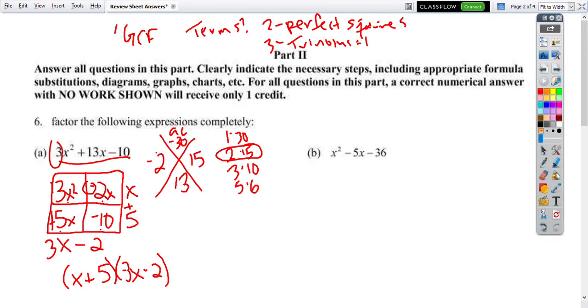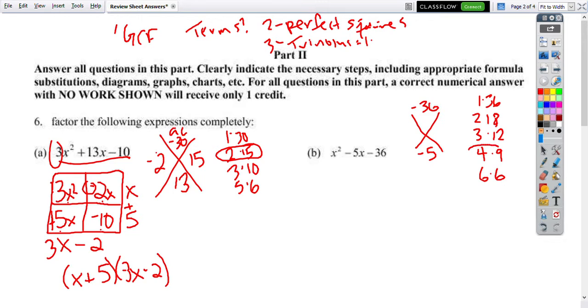All right, second one. So this is no GCF again, but it has 3 terms, so we're using trinomial. So I do my diamond, multiply to give me -36, add or subtract to give me 5. So the factors of 36: 1 and 36, 2 and 18, 3 and 12, okay, 4 and 9, and then 6 and 6.